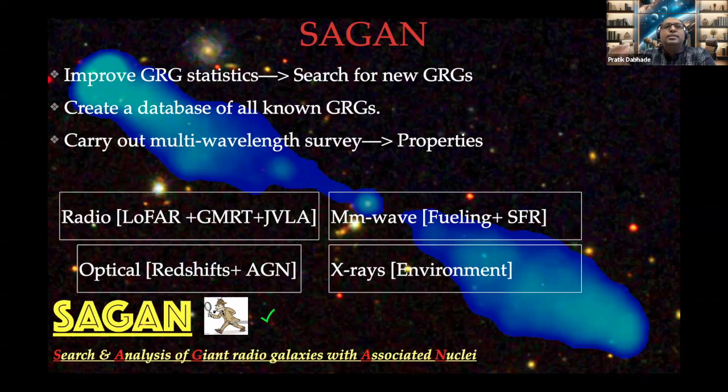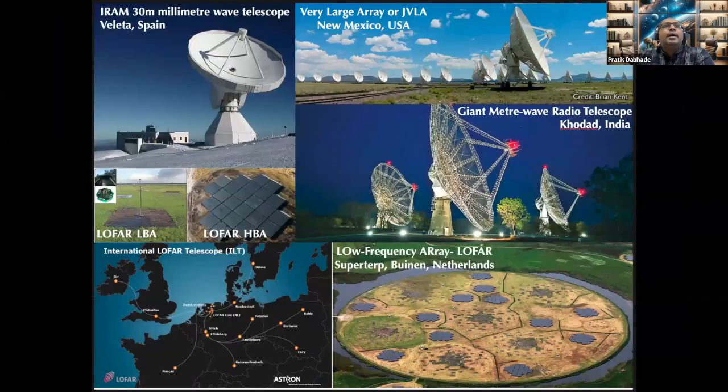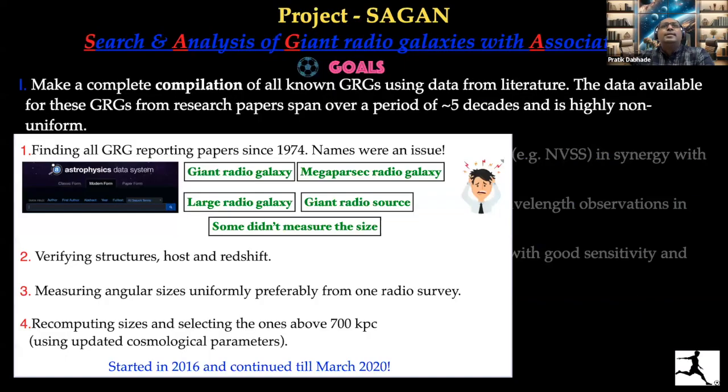With these goals we started this project, and these are some of the telescopes which we have used along the way. Like I said, the first task was to make a complete compilation of the known GRGs, and that task was very difficult because nobody carried out the study in a uniform way.